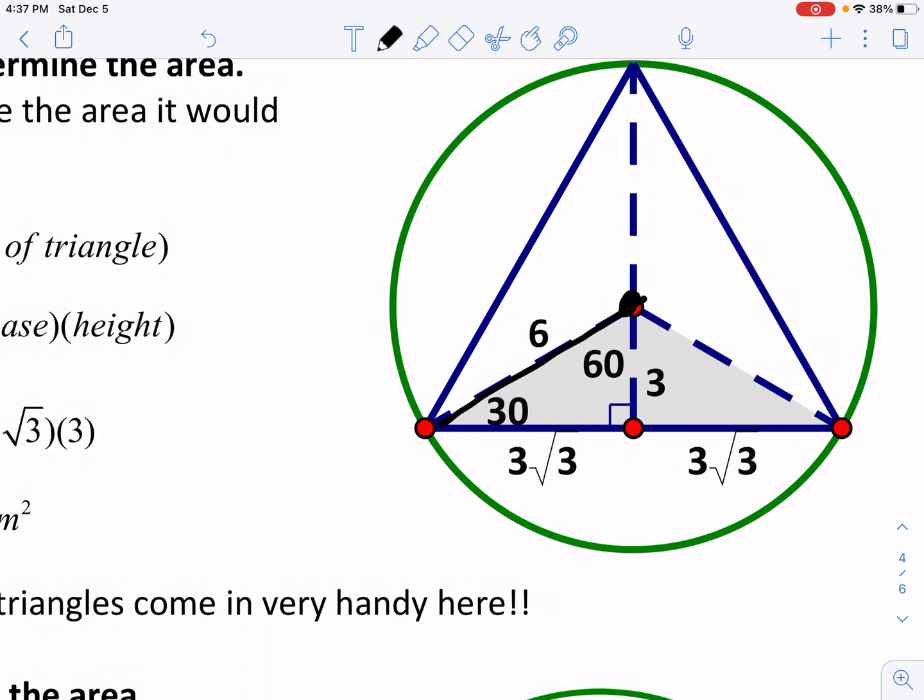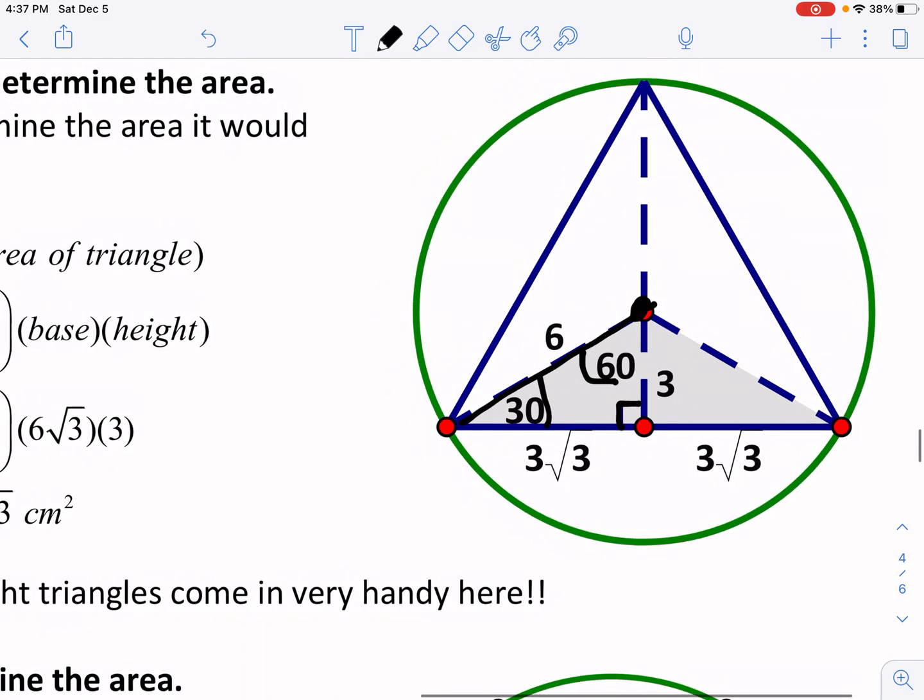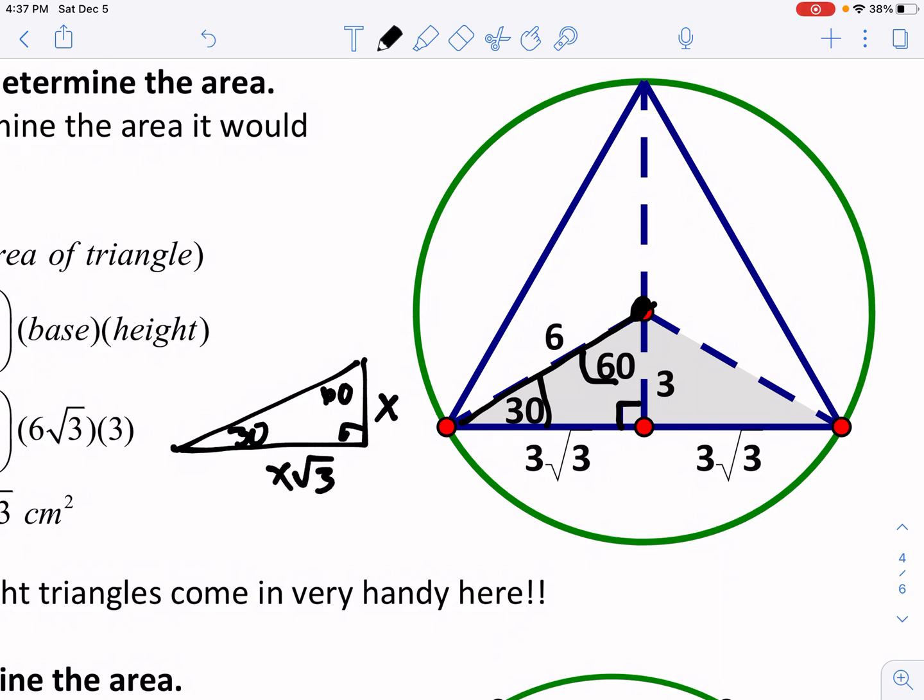Well, we can, because this is a 30, 60, 90 triangle, okay? So remember, based on what we just saw above, if we have a 30, 60, 90 triangle, this will be x, the short side, the long side is x square root of 3, and then the hypotenuse is twice x. Well, our radius is our 2x.